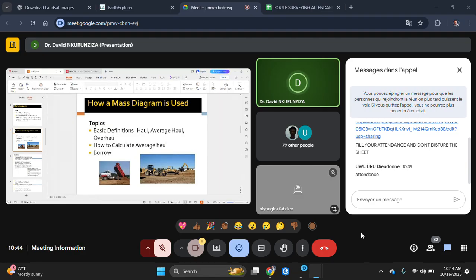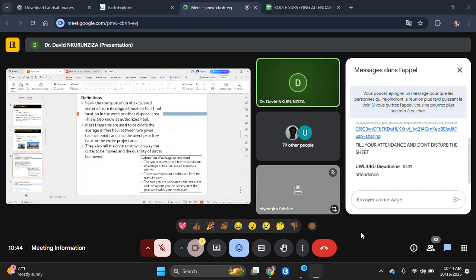As you know, the haul in the mass haul diagram, normally we can even call it haul distance.